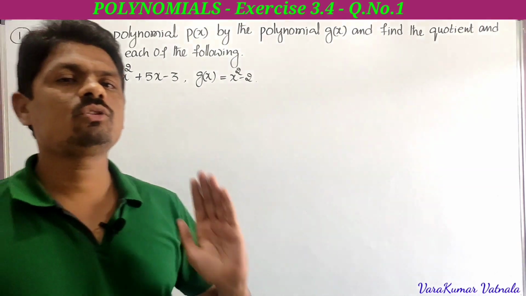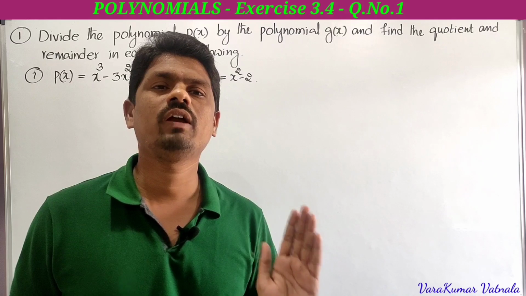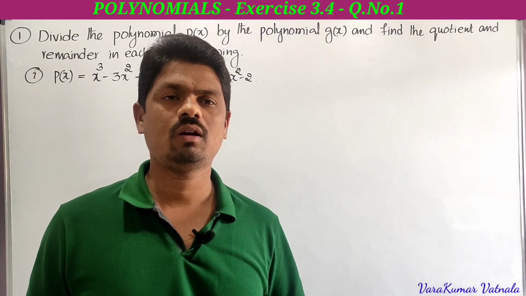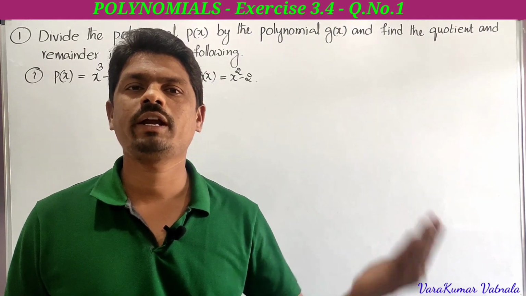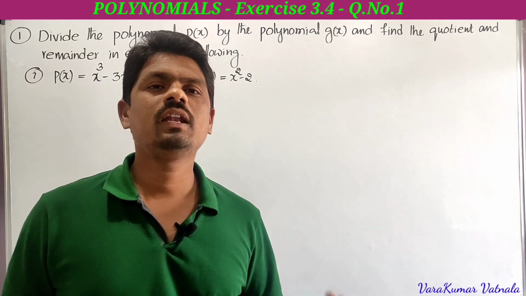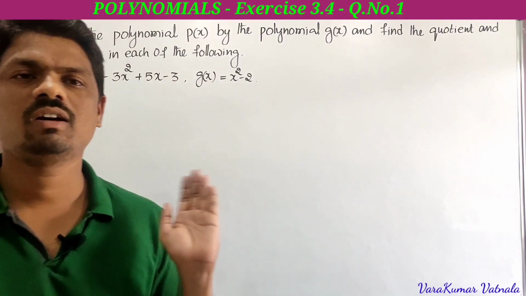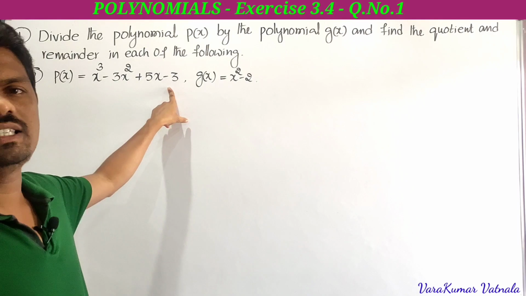Before dividing the polynomials, we have to check whether the given two polynomials are in standard form or not. If they are not in standard form, first we have to write them in standard form. So what is the standard form? The degrees of the terms in the polynomial must be in decreasing order, so the powers of the variable must be in decreasing order.